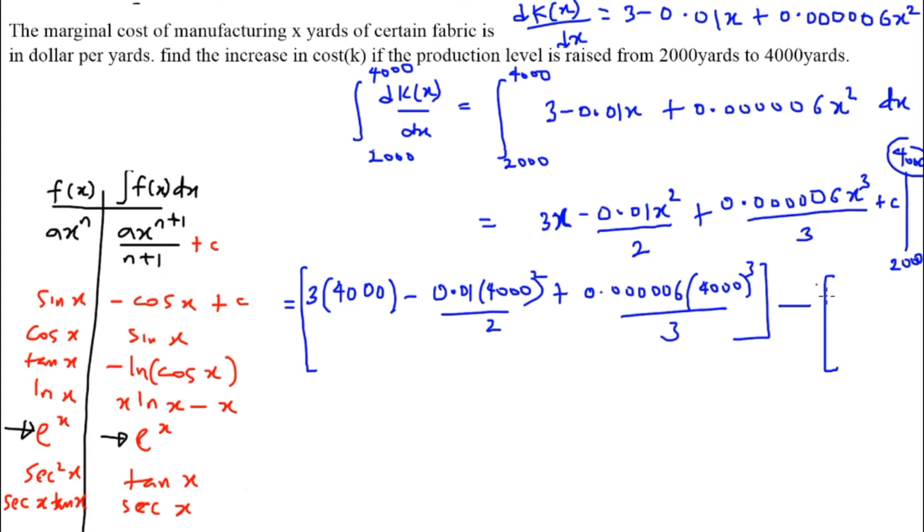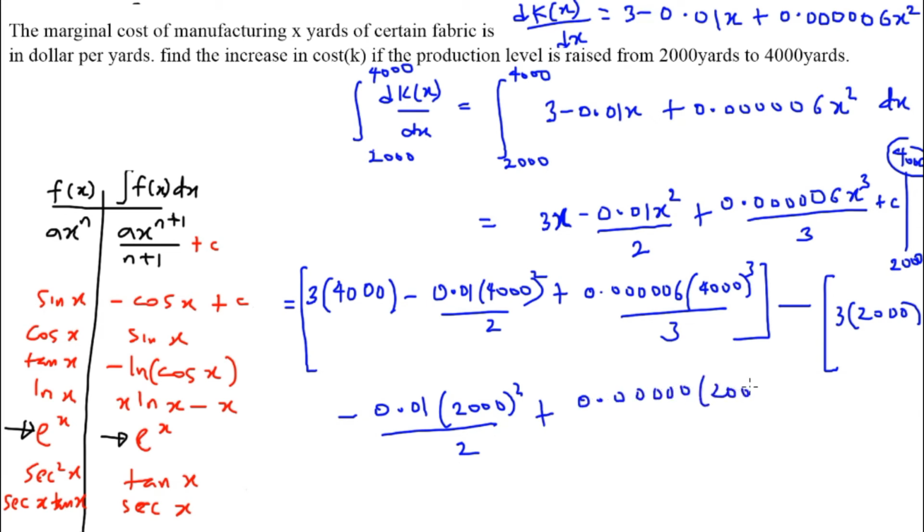So let me just substitute the other one. That's 3 into 2000, minus 0.01 times 2000 squared upon 2, plus 0.000000506 into 2000 raised to power 3 upon 3.